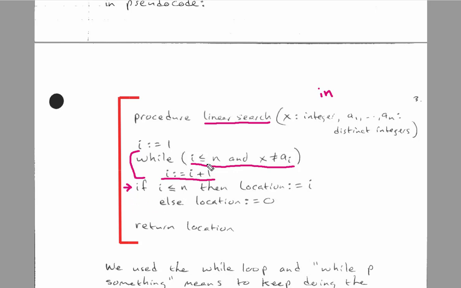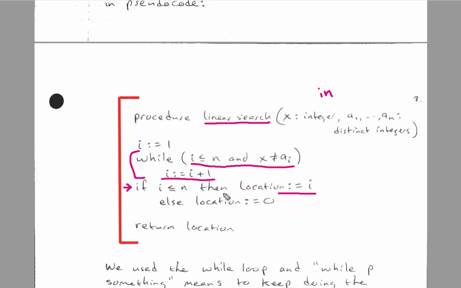Here we're trying to figure out what happened. If i is less than or equal to n, then the loop condition must have become false because we did find the number we were looking for at location i, so a sub i was the number we were looking for.